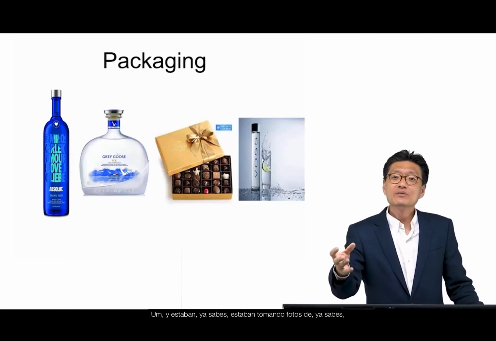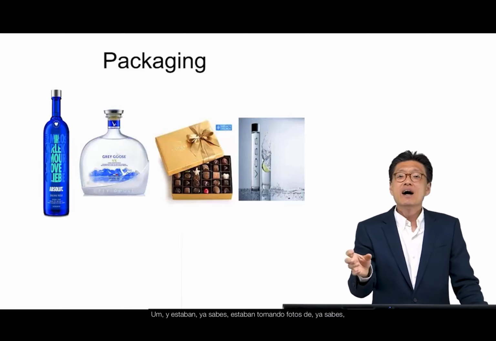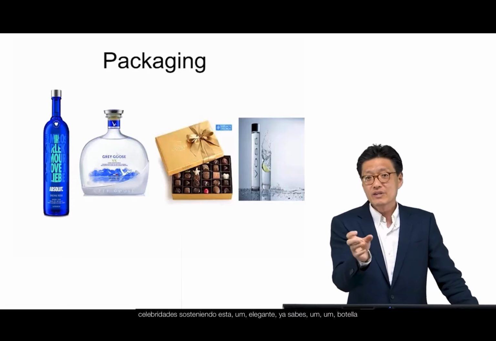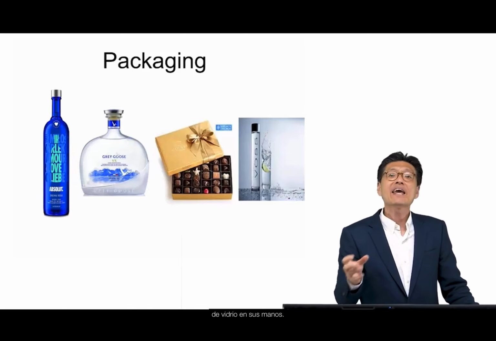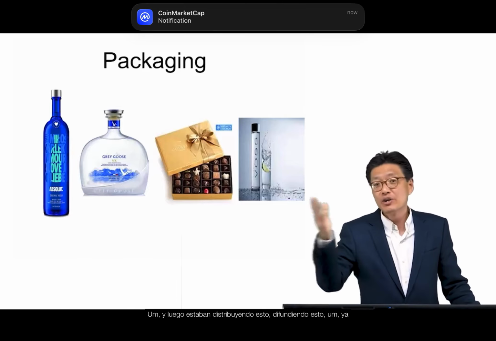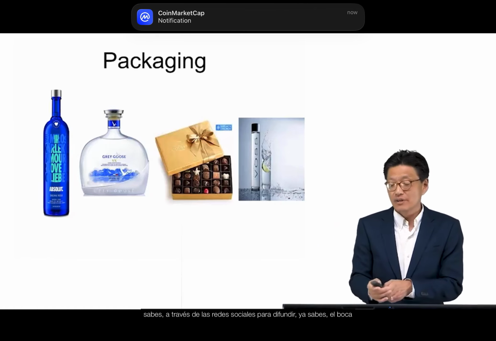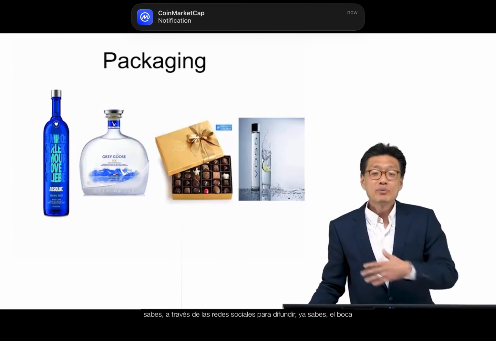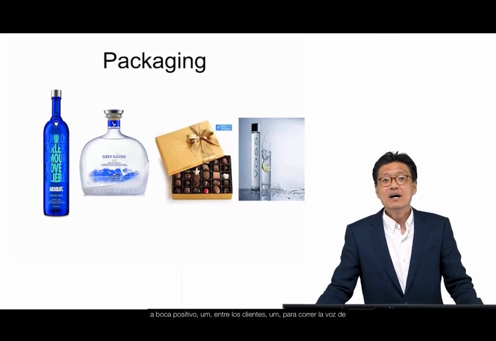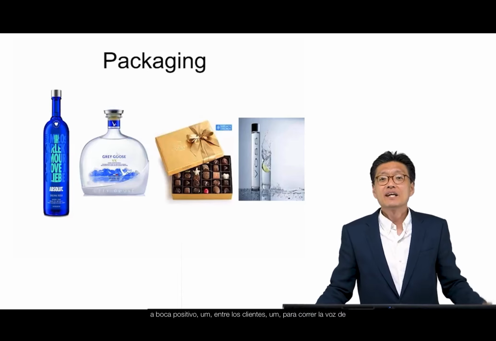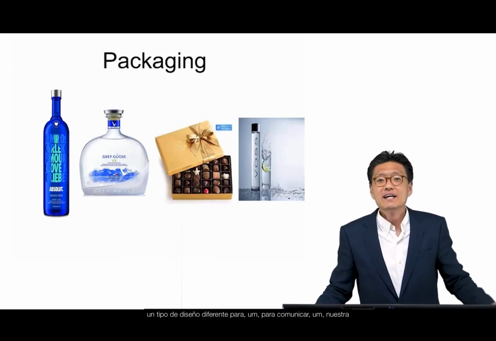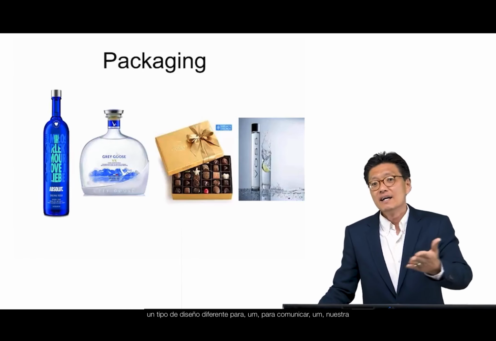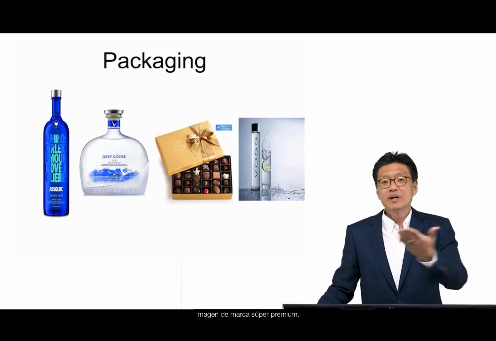They took pictures of celebrities holding this elegant-looking glass bottle in their hands, and then disseminated this through social media to spread positive word of mouth amongst customers, to get the word out that we're using a different type of packaging, a different type of design, to communicate our super premium brand image.